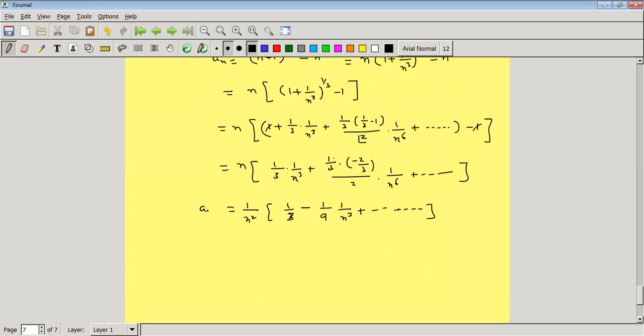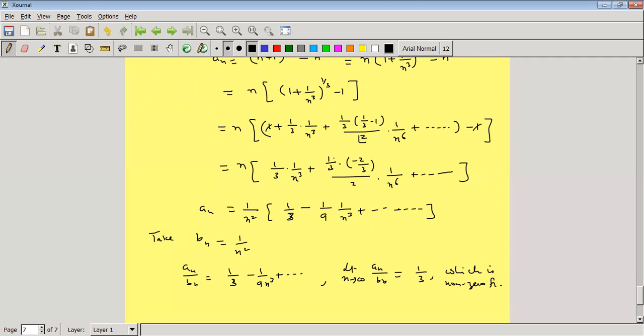Now we can take bn to be 1 upon n square. So an upon bn is 1 upon 3 minus 1 upon 9 n cube plus so on. If we apply the limit n goes to infinity of an upon bn, we get only 1 upon 3, which is a non-zero finite positive real number.